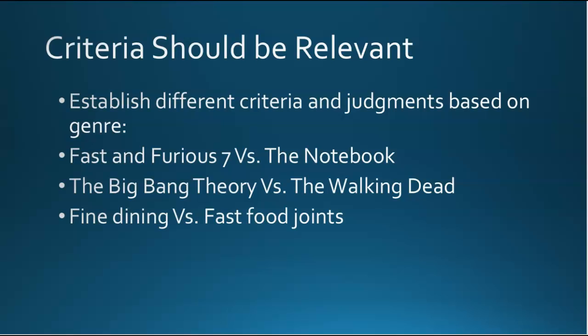So you may have two movies, right? But they're different types of movies. They're in different categories, almost like subcategories. So for example, you could have The Fast and Furious 7, right? That's a film. And versus The Notebook, which is also a film, but they're two different categories of film.